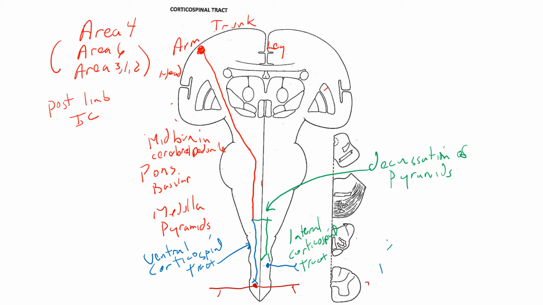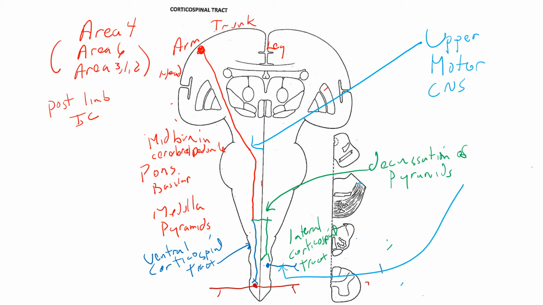Well, what we can do then is we can describe the cortical spinal tract as a 2-neuron system. The first neuron in this system is referred to as an upper motor neuron. Upper motor neurons are found only in the central nervous system. The second neuron in this system is called a lower motor neuron.